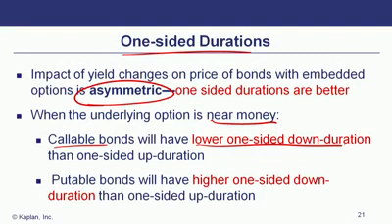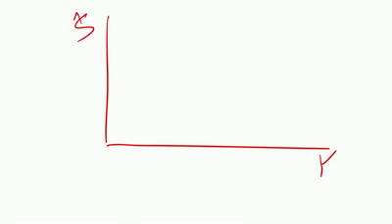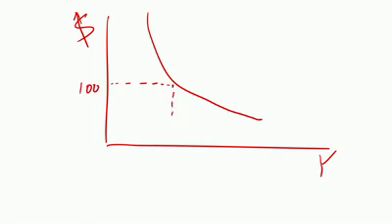Why is that? Well, let's think about it. So again, we're looking at our price yield function. And if it's a normal bond, we're going to have this curvilinear relationship that looks like this. Okay, and so this is going to be par value, so I'll call this 100, and this is going to be our 5% coupon, right?